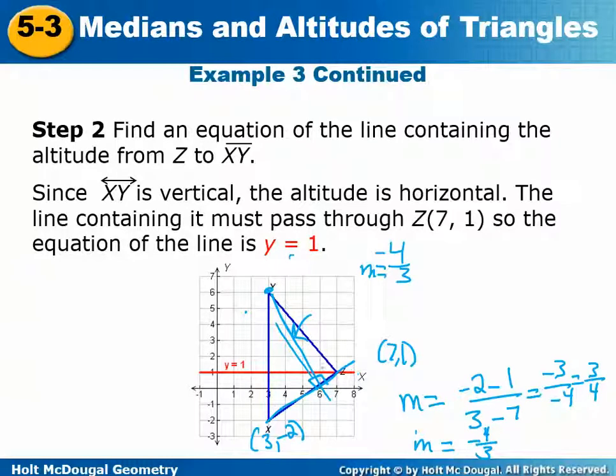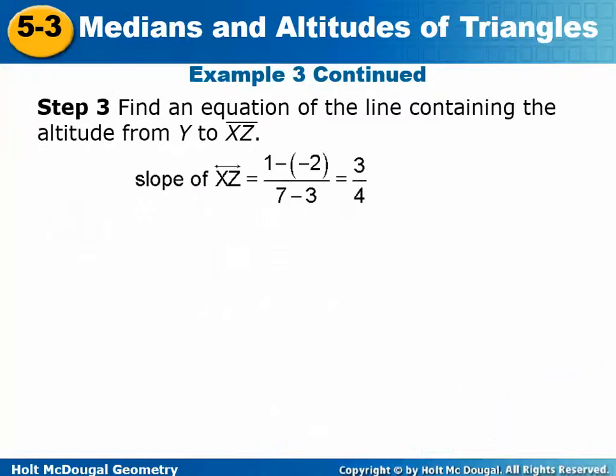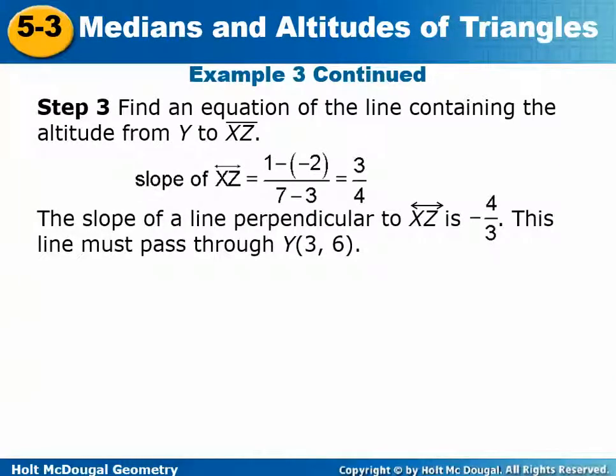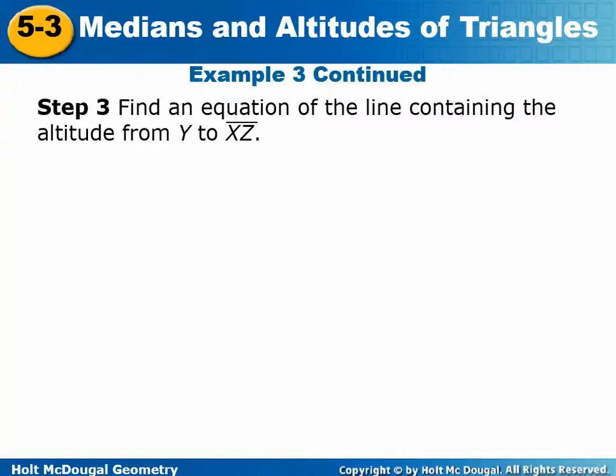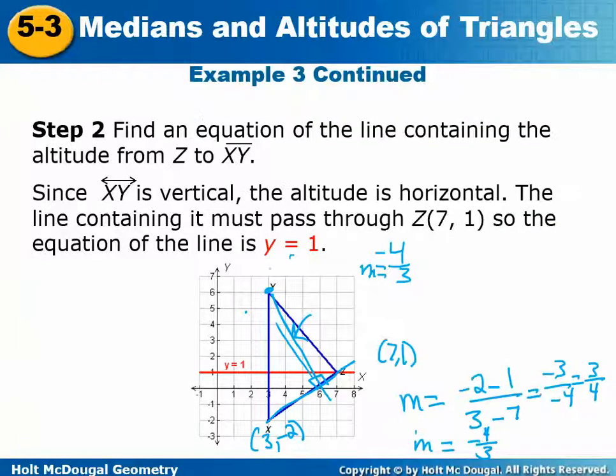Now we're going to write the equation of that line. You can write it in point-slope form or slope-intercept form, and we need another point on there to do that. They're saying it's going to go through this point right here at (3, 6). So we could write y minus y1 equals m times x minus x1. That's the equation of a line.